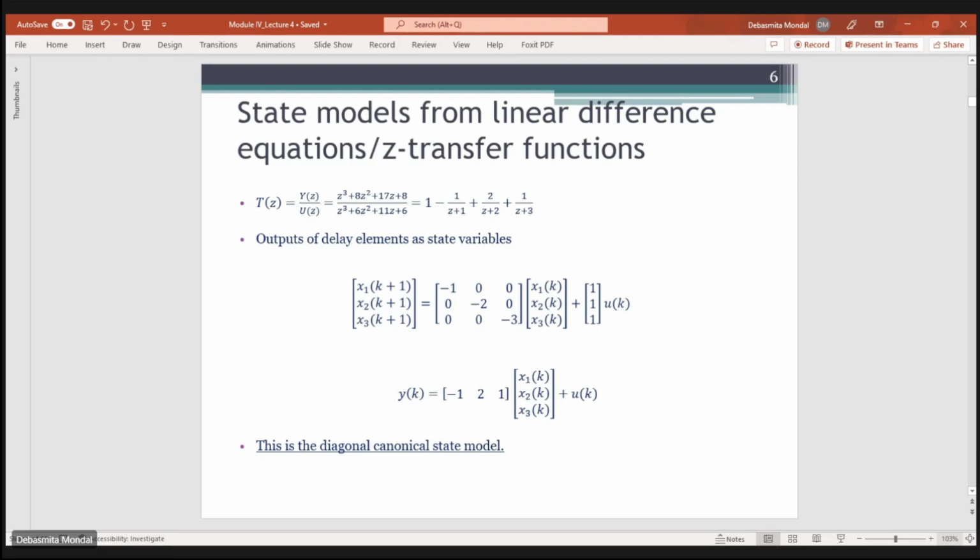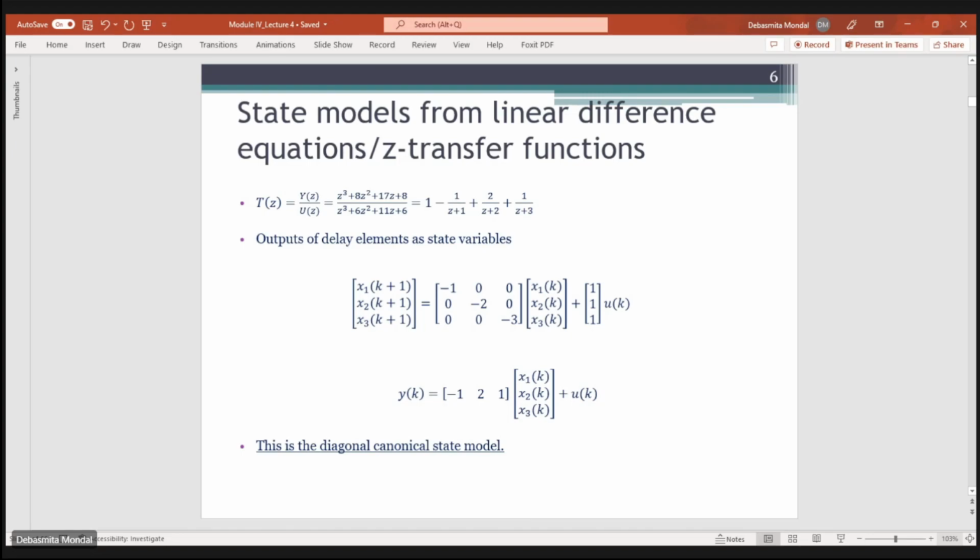Okay, so once you express the transfer function in the form of this partial fraction, you can simply write the state equation in the diagonal canonical state form. Okay, so the diagonal canonical state form says that in the state equation, the matrix A will have diagonal elements equal to the roots of the denominator polynomial.